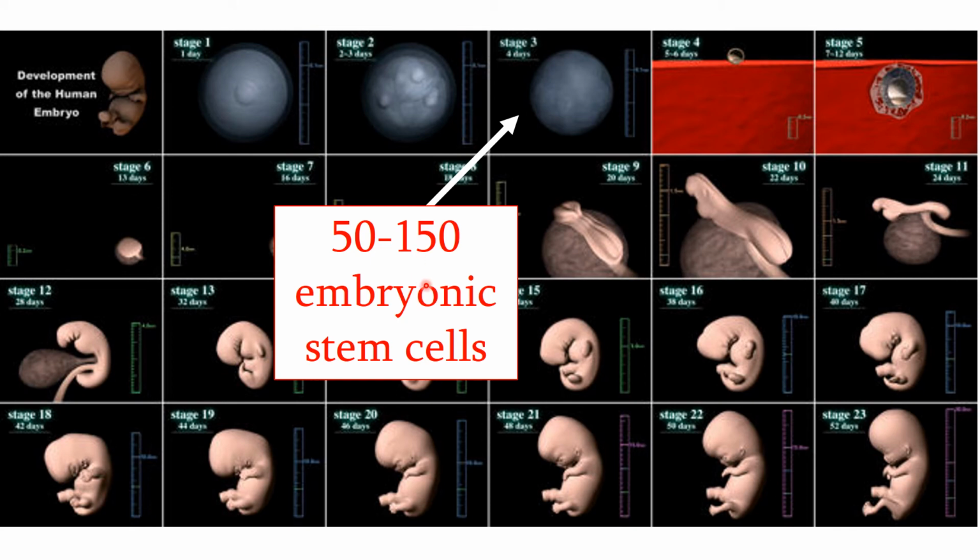We were all about 50 to 150 embryonic stem cells. And what can happen is that if women have undergone IVF treatment and they've got a number of fertilized eggs, some of them are frozen, they could potentially donate some to science. This is the kind of stage of life that we're looking at.